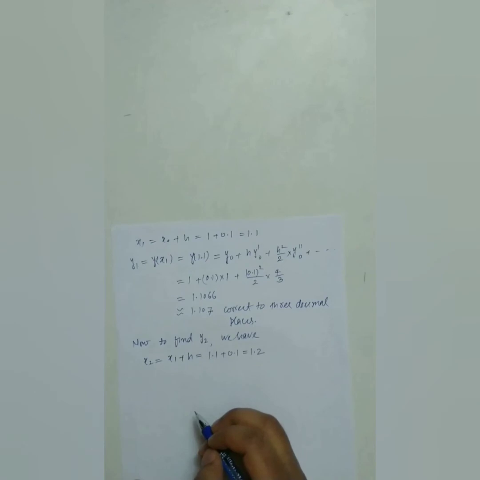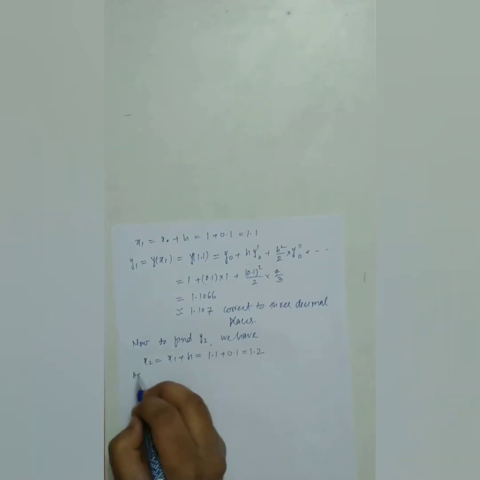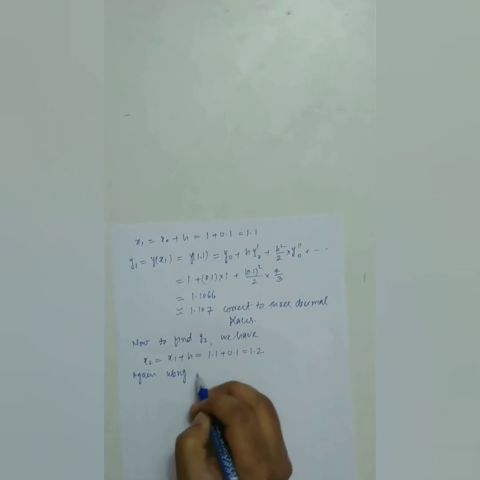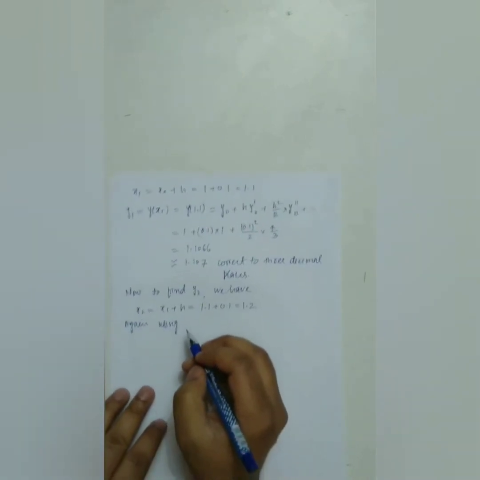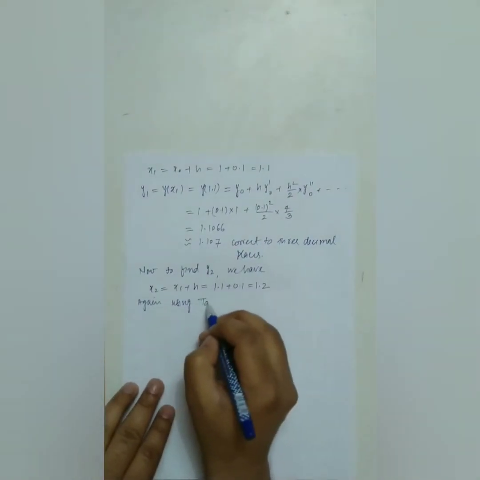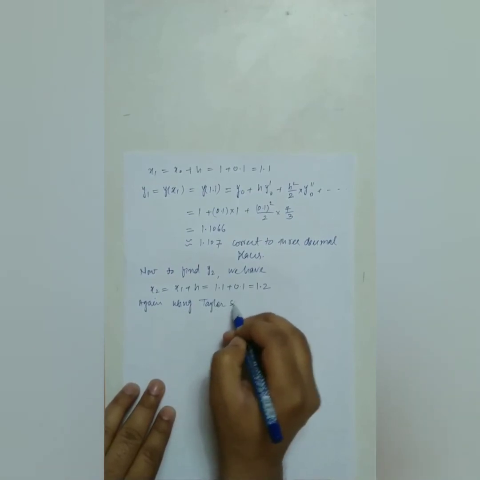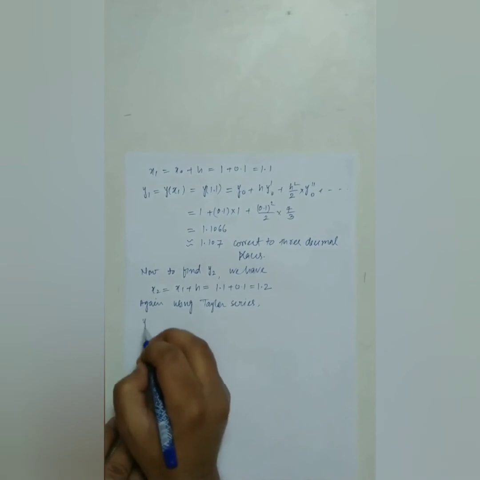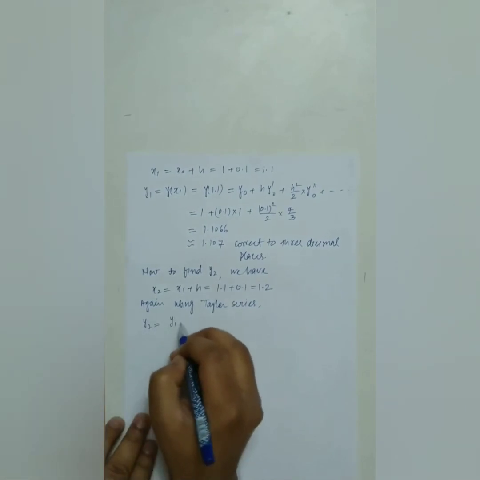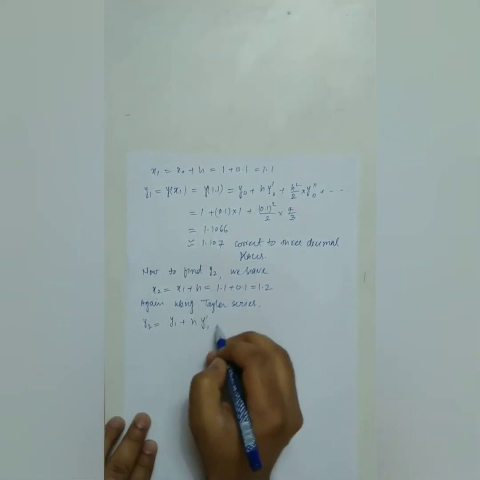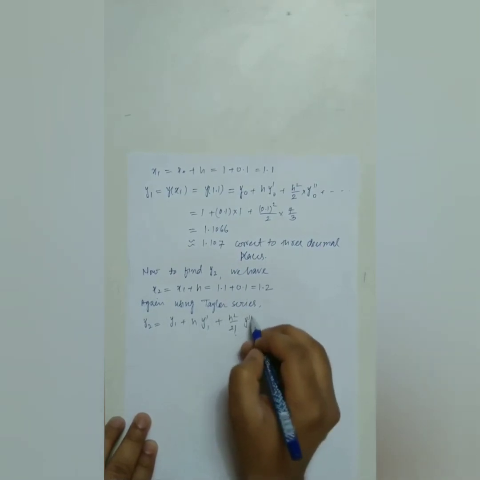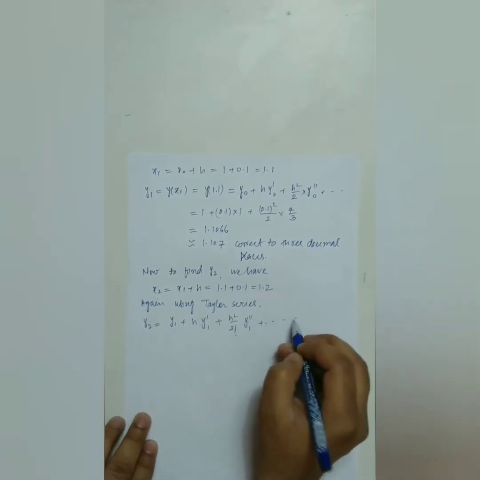To find y2, again we use the Taylor series. So y2 equals y1 plus h y dash 1 plus h square by 2 factorial y double dash 1 and so on.